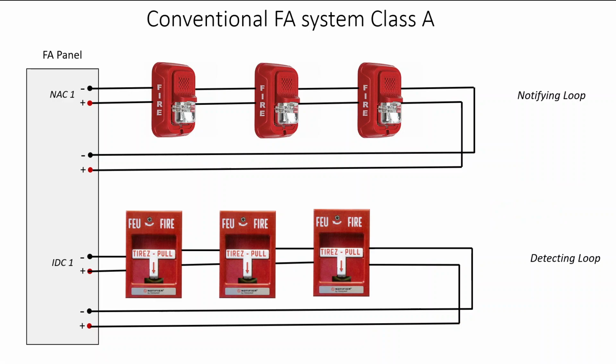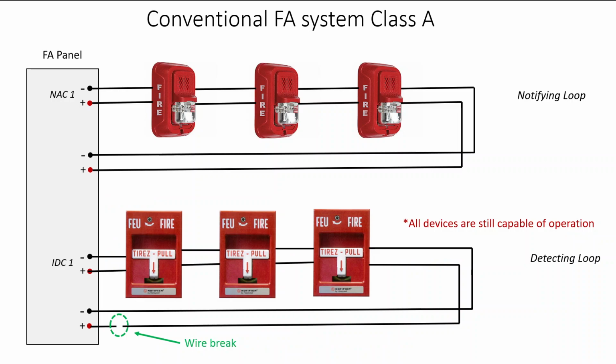The advantage of using a Class A is that a break in the wire no longer renders all of the devices downstream inoperable. There is no downstream, because the devices on this IDC loop could have been supplied from these terminals or from these terminals. So with a Class A, all devices remain capable of operation.